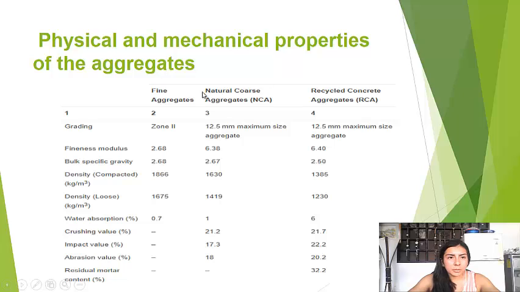This table presents physical and mechanical properties of the natural coarse aggregate and the recycled concrete aggregate, like fineness modulus, bulk specific gravity, and density.